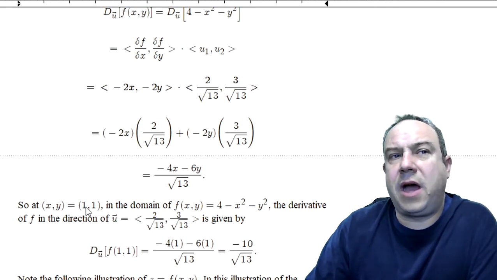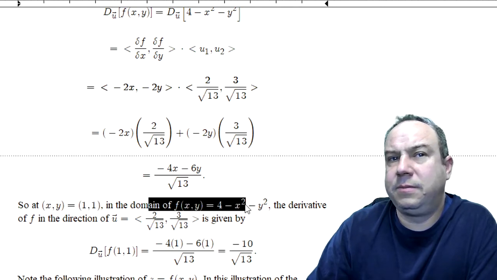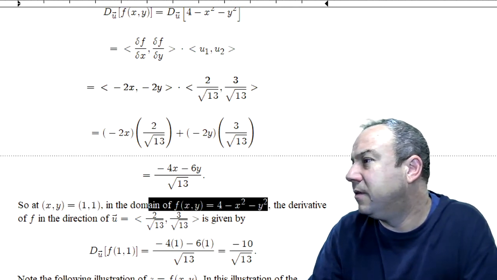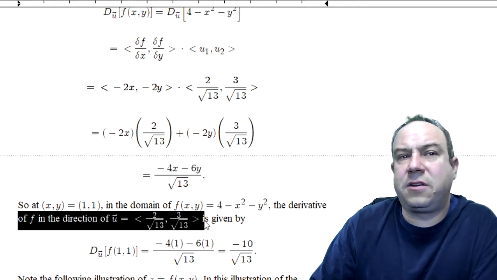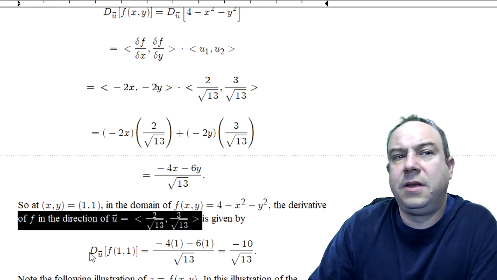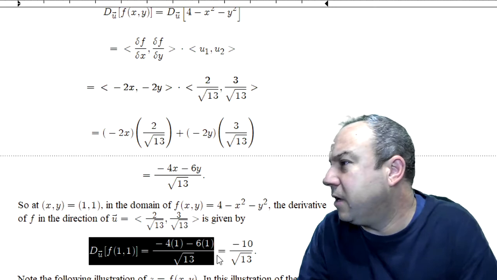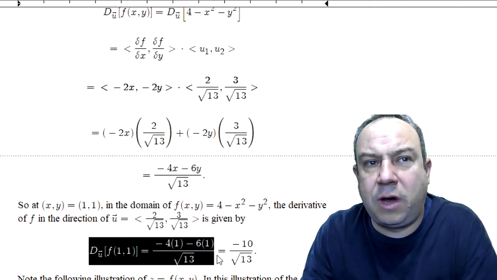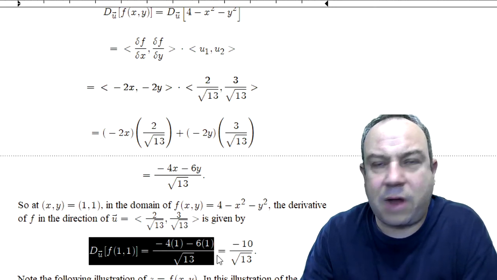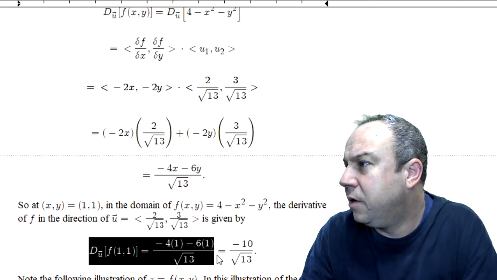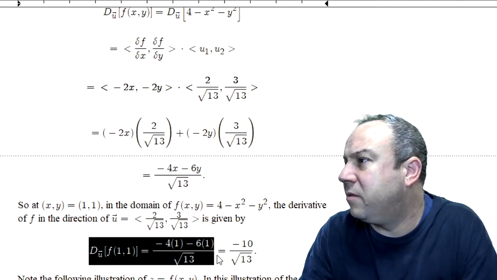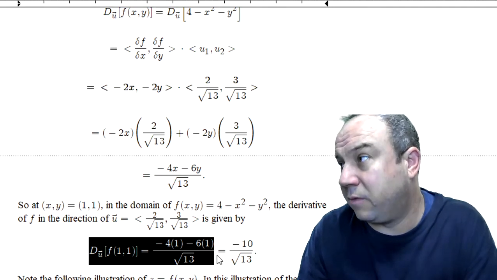So at x comma y equal to 1 comma 1 in that domain of f, the derivative of f in the direction of the unit vector is given by this calculation seen here. It is the derivative of f at 1 comma 1 in the direction of u, where we just go into the calculation seen above and plug in 1 and 1 for x and y respectively.